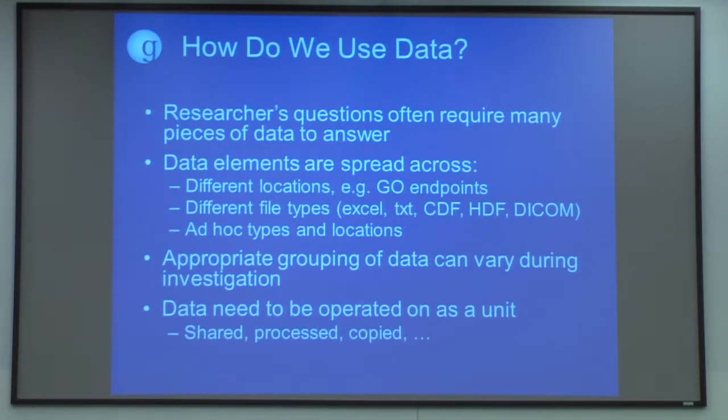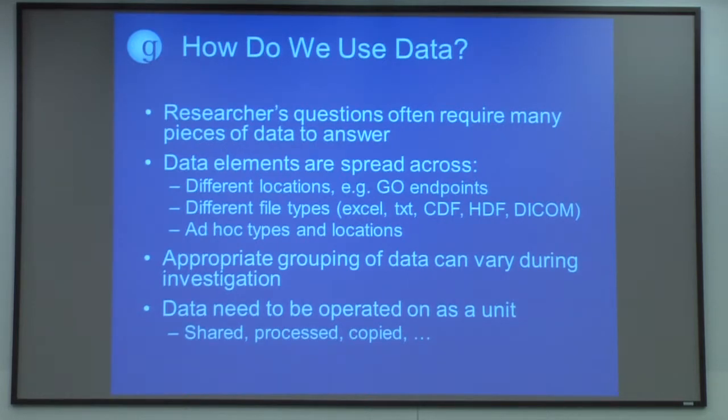The first observation is that researchers and research processes often don't involve a single piece of data sitting in a single file that I'm going to analyze and keep looking at, and that's the end of the story.